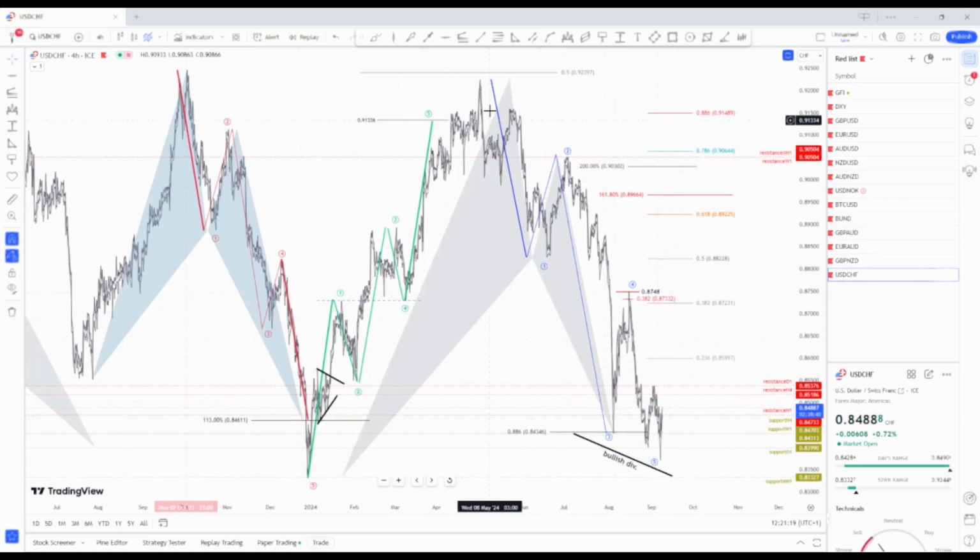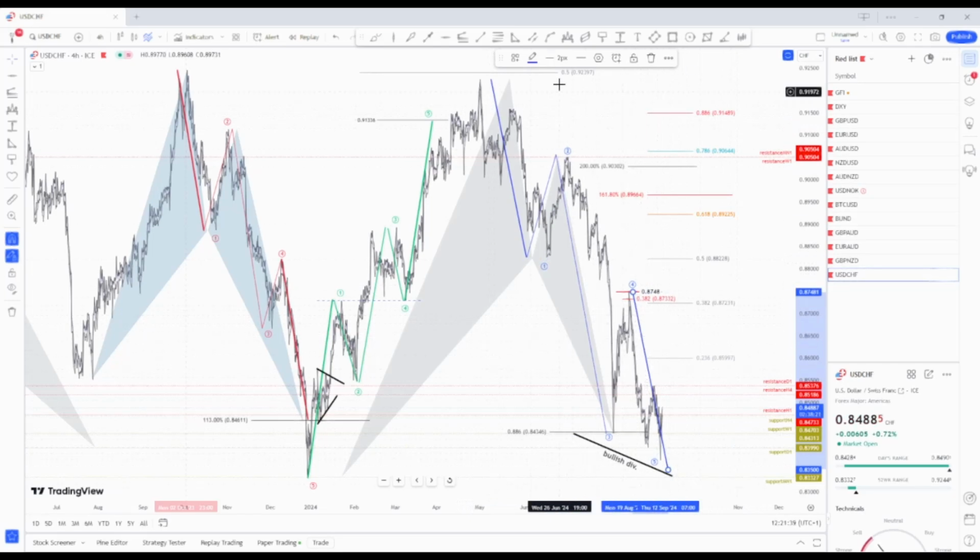And finally, the dollar versus CHF completed also, not a symmetrical one at this point. We were very close to complete that symmetry between the wave 5 and wave 1, but we have finally a new lower low, which opens the door to that specific sequence.